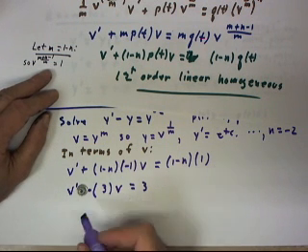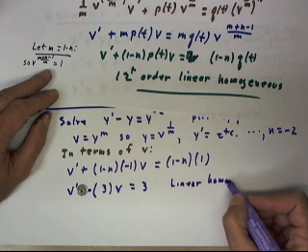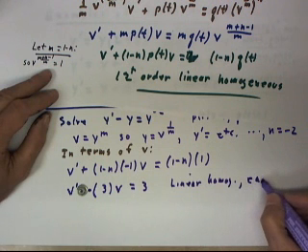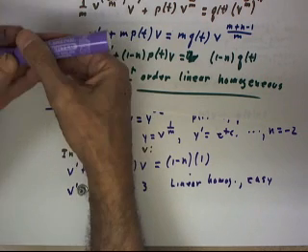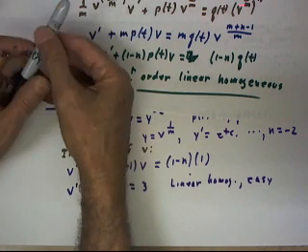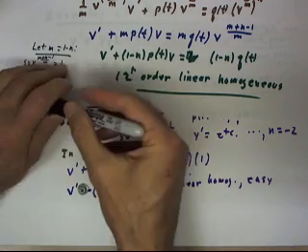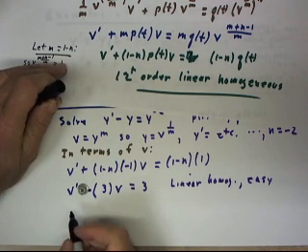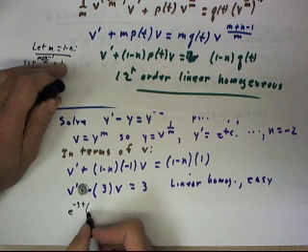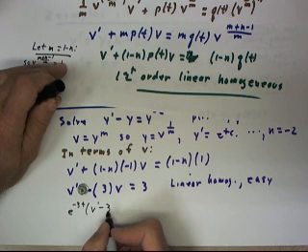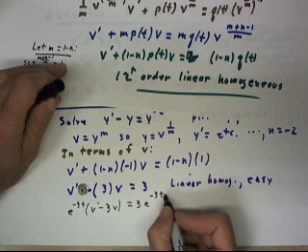This equation is now linear and easy to solve. We're going to use the integrating factor e to the integral of p of t. p of t in this form is negative 3. So we're going to multiply both sides by e to the negative 3t, and over here we're going to get 3e to the negative 3t.